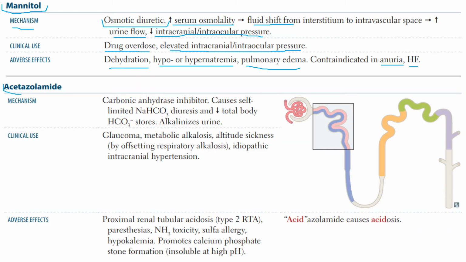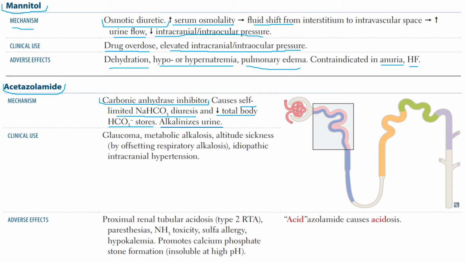Acetazolamide is a carbonic anhydrase inhibitor which causes self-limited sodium bicarbonate diuresis and decreased total body bicarbonate stores, which leads to alkalinizing of urine.